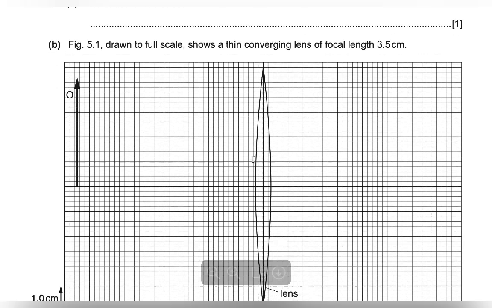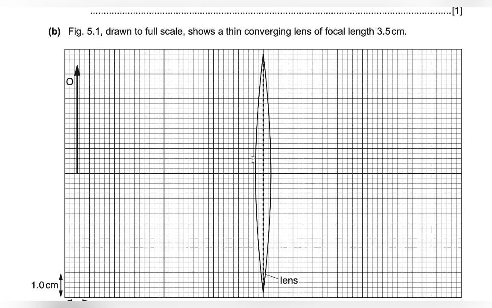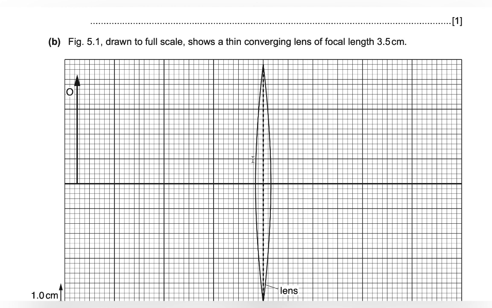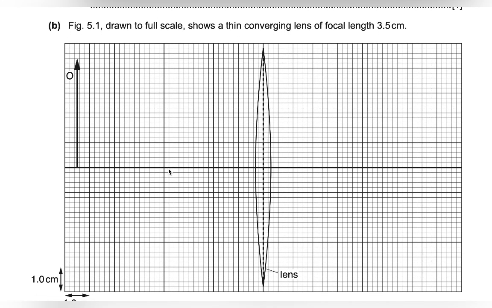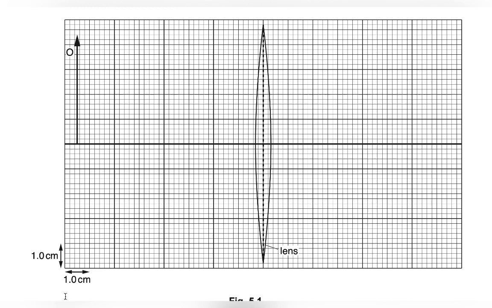It says figure 5.1. Figure 5.1, drawn to full scale, shows a thin converging lens of focal length 3.5 centimeters. So meaning the focal point will be 3.5. Here we're going to count. Look at both the horizontal and vertical: 5 tiny boxes represent 1 centimeter. 1, 2, 3, 4, 5.